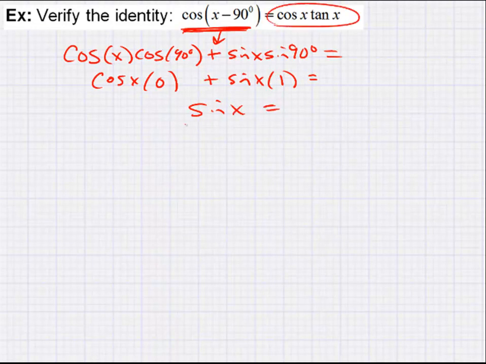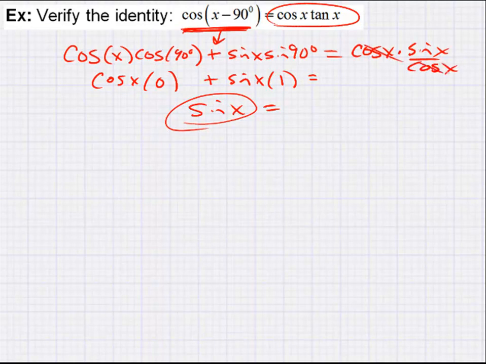I need to turn this side, which I got into sine x, into the other side. Remember, it's not always going to work out nice, so let me start working on the other side. Cosine x, tangent is sine x over cosine x. These two cancel, and now I just have sine x. And I was able to make one side equal to the other side, thus verifying the identity.